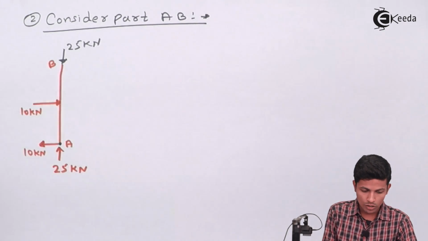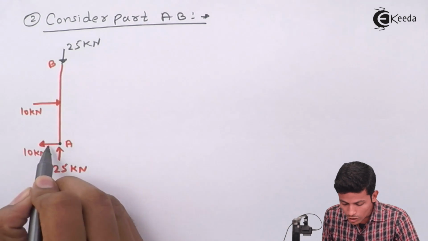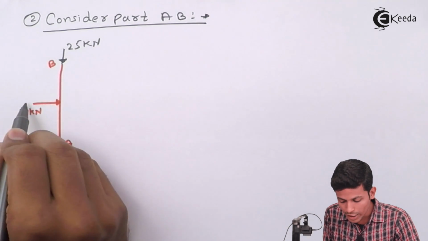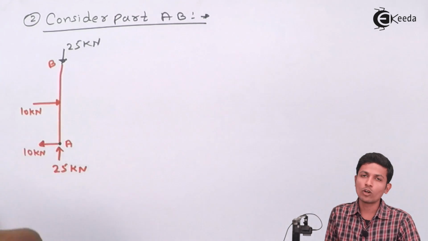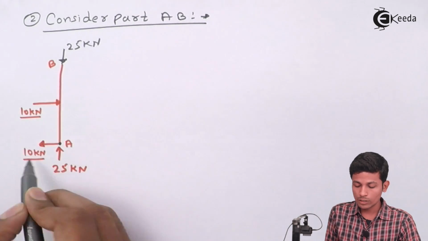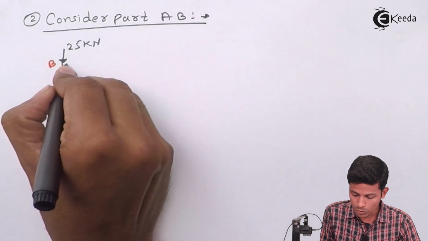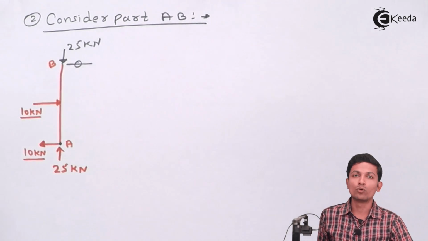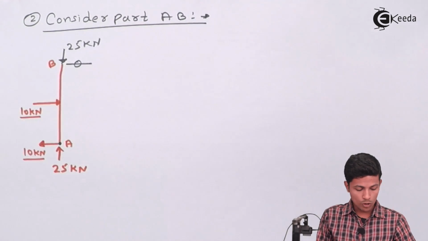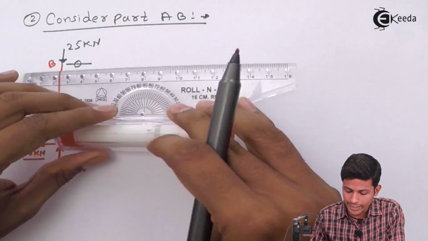Now let's see, this 10 kilonewton goes this side and this 10 kilonewton goes this side, so this part is always balanced. This is your plus, this is your minus, it will always get balanced. So in this part, this one will be 0, this is your 0. Now what you have to do, just simply extend this part.